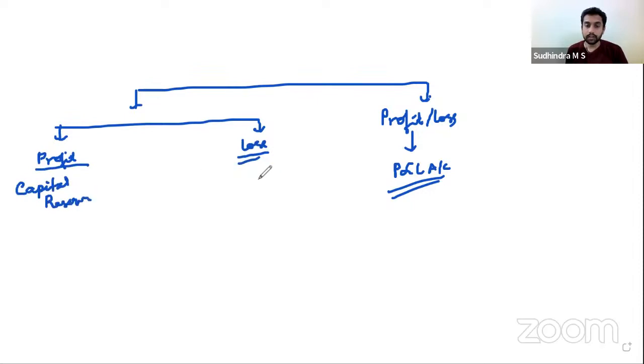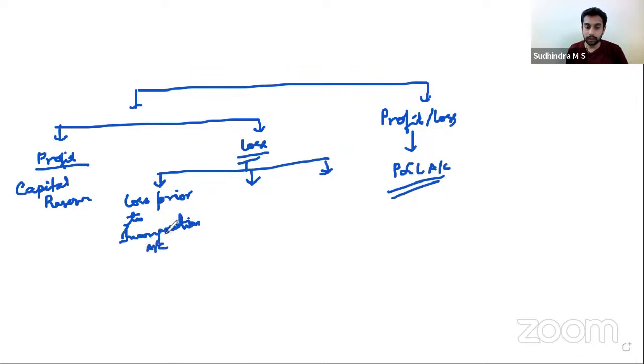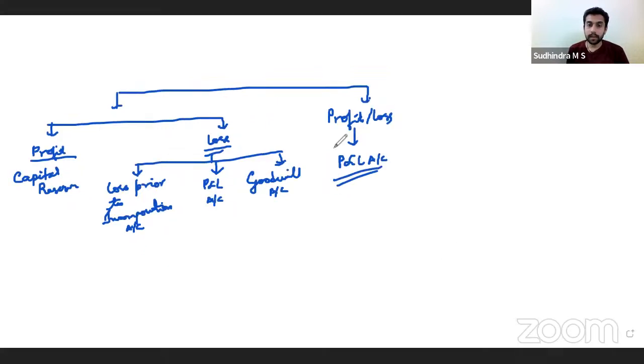If it is a loss, then 3 options: loss prior to incorporation account, P&L account, or goodwill account.